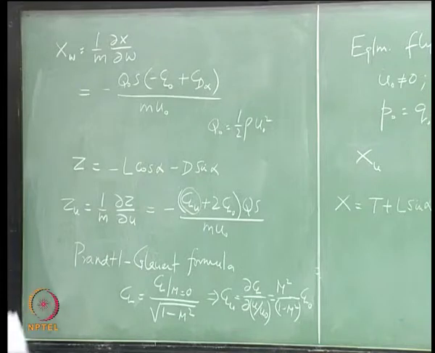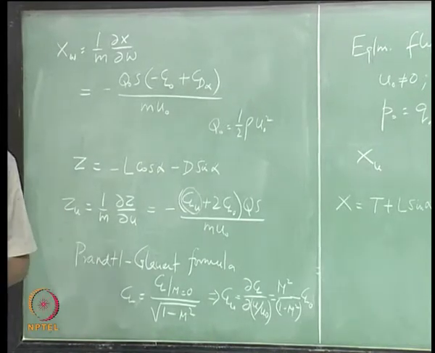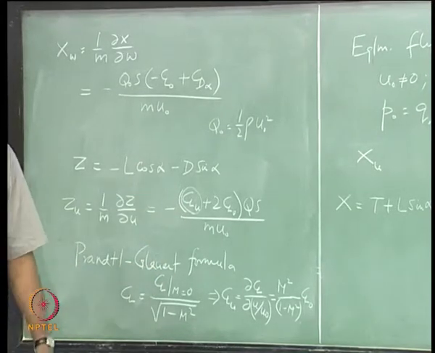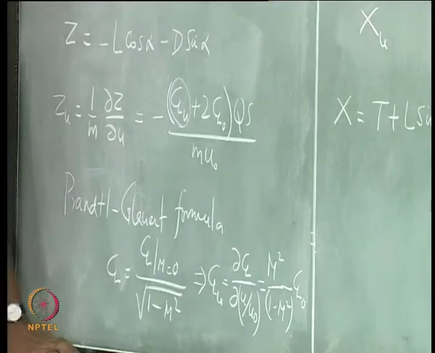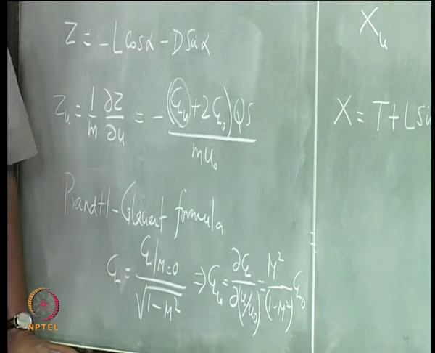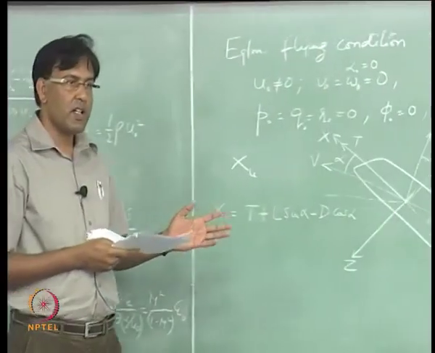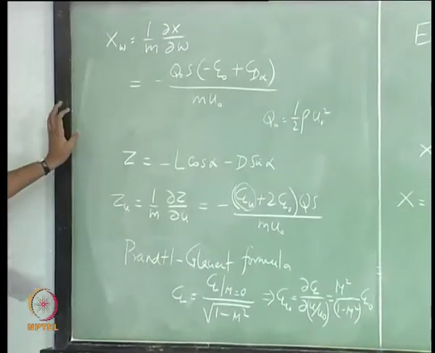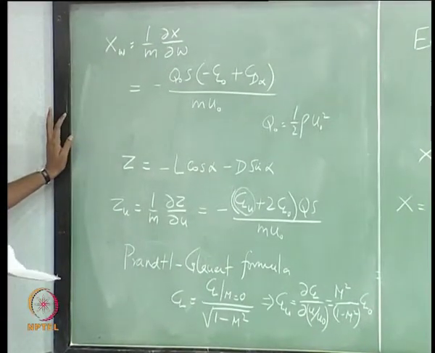So, as I said, now each of these forces are going to depend upon each of the variables, U, V, W, P, Q, R. Now, it depends which flight regime you are designing your aircraft for. If you are designing your aircraft for supersonic speeds, then you have to see in supersonic speeds which are the derivatives which become important.